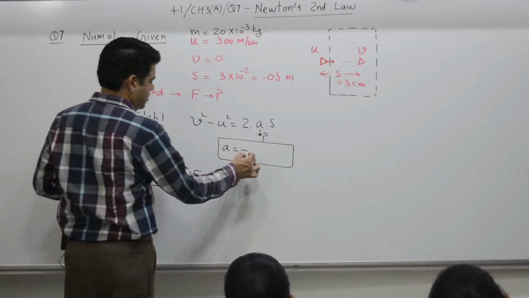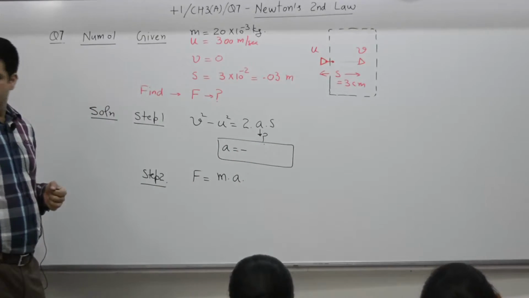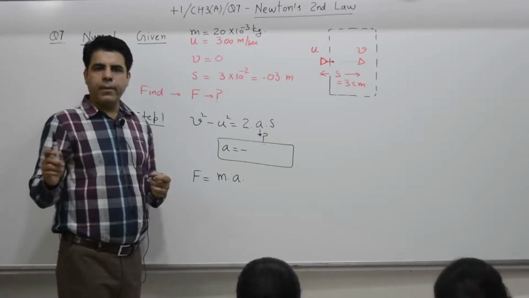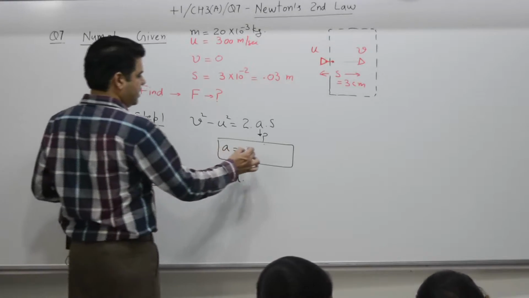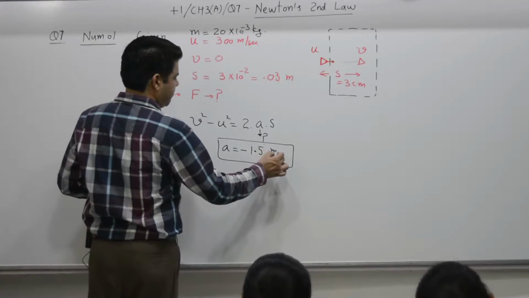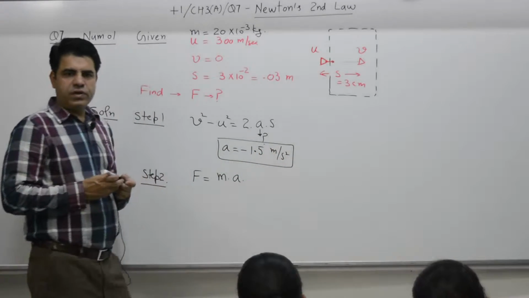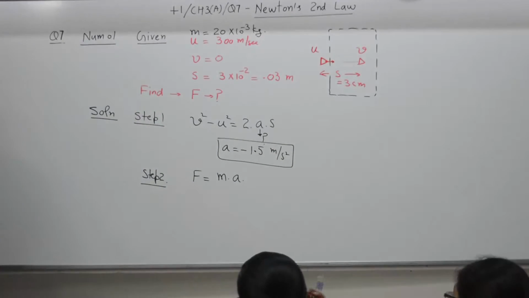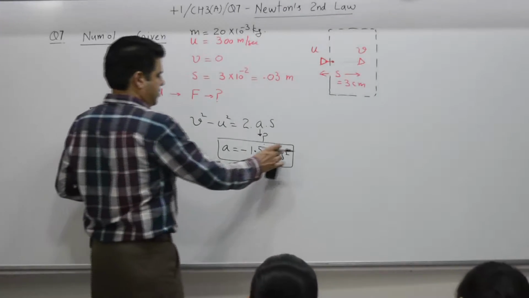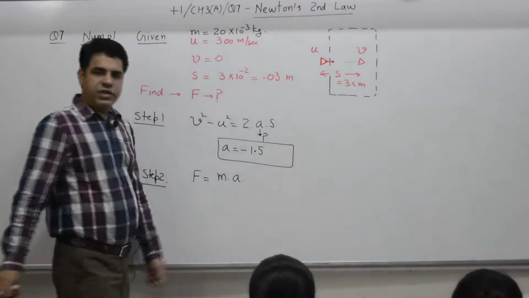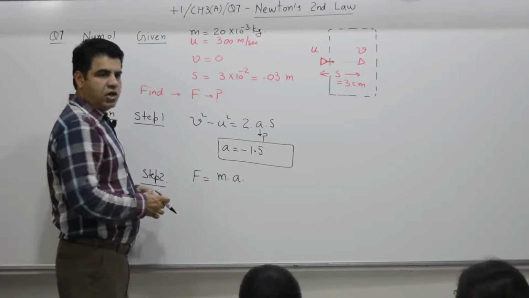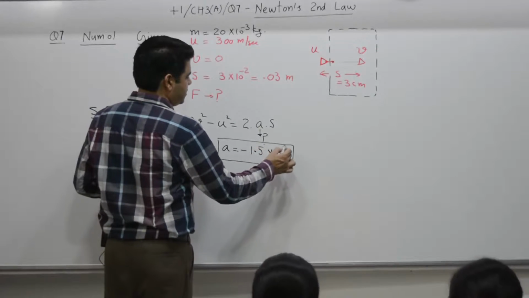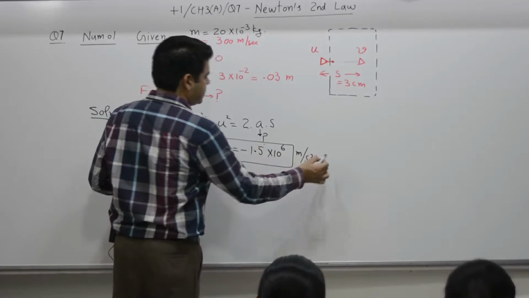Minus 1.5 into 10 power 6. How many of you are getting 1.5 into 10 power 6? Let me write it: minus 1.5 into 10 power 6 in SI units, meter per second square.